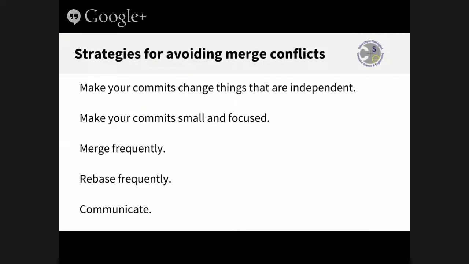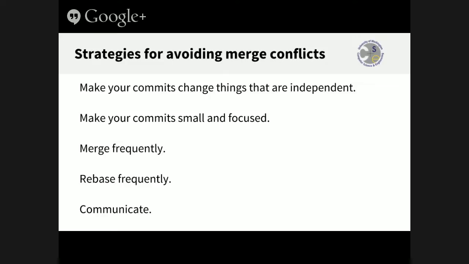So, okay, how do you avoid merge conflicts? Because obviously merge conflicts aren't fun and you don't want them anyway. The way that you do that is you want to make your commits very small and focused so that you can get partial work done.